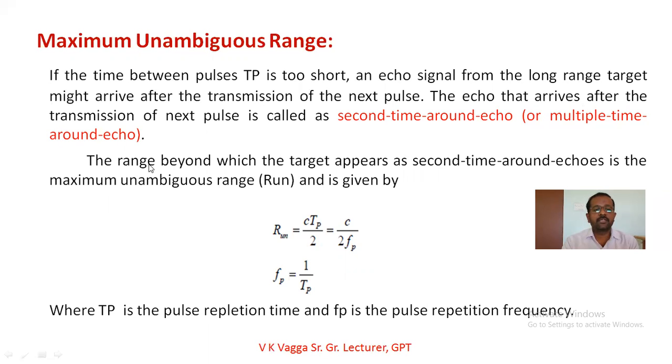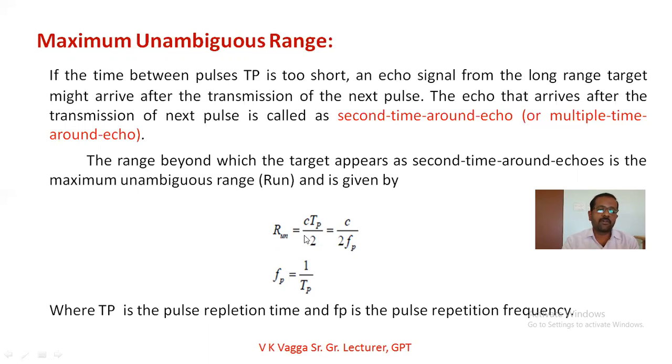And the range beyond which the target appears as a second time around echo is the maximum unambiguous range. It is indicated as R UN, where R indicates the range and UN, the subscript, indicates unambiguous.